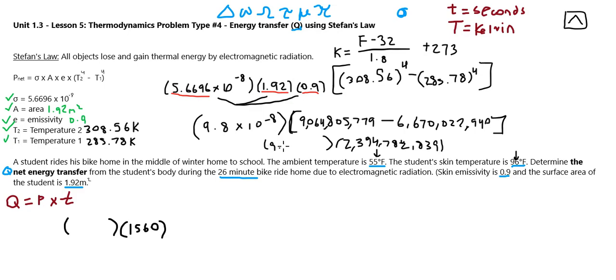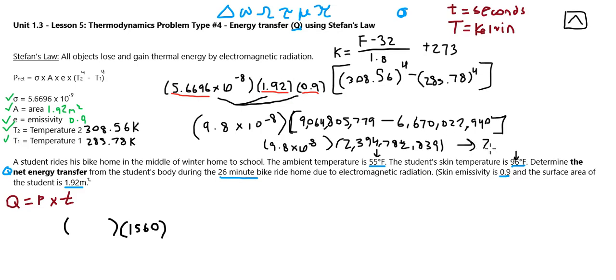So first, we will do 9.8 times 10 to the negative 8th. That's in parentheses. Then multiply that by 2,394,782,839, and you get, luckily, a smaller number.